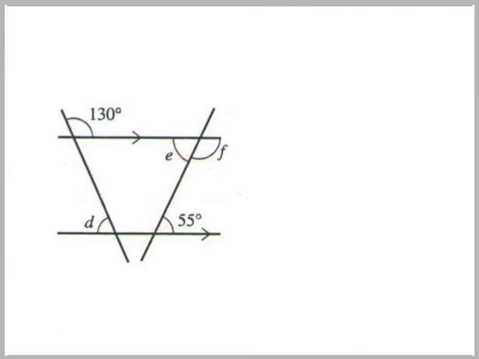Well, I've got a Z shape in here, so that tells me straight away that I know E must be 55 degrees, and the reason is because alternate angles are equal. So I'll label that, and that should help us work out what F is.